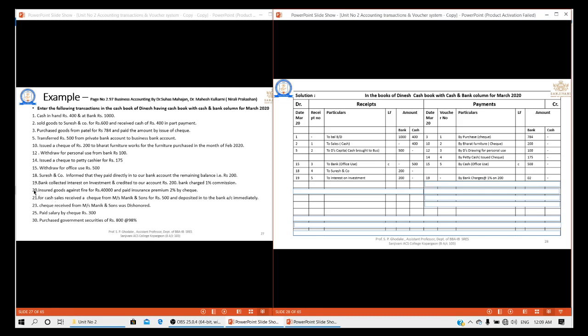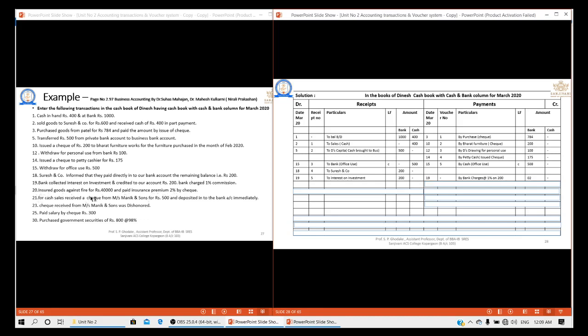Then next, on 20, insured goods against fire for rupees 40,000 and paid insurance premium 2% by check. So 40,000, 2%, how much? 10% is 4,000 and 2% is 800 rupees. So it is for insurance premium.